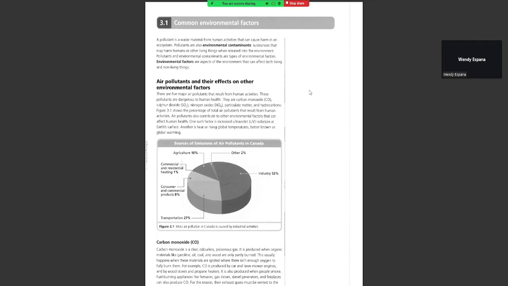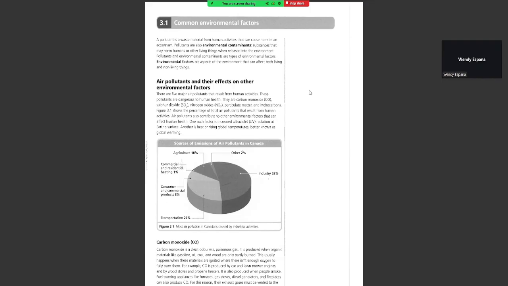So there are 5 major air pollutants that result from burning fossil fuels, driving, factories, etc. Pollutants that are dangerous to humans if they're released into the atmosphere. Carbon monoxide, we just talked about, CO is carbon monoxide. There's sulfur dioxide, SO2.